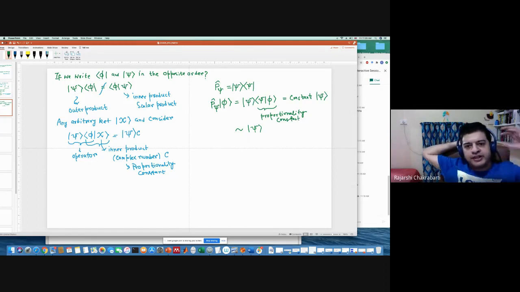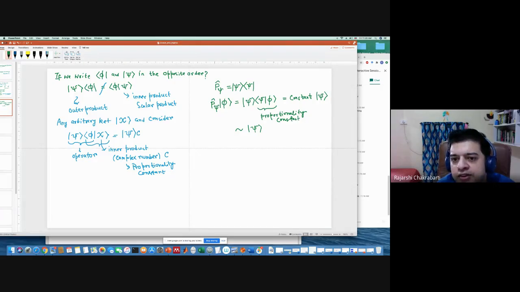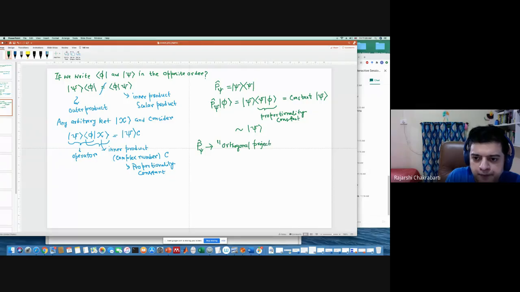Essentially it is projecting phi onto psi. It tells you how much psi is there in phi, in other words. So this operator, P of psi with a hat, gives you the orthogonal projection operator onto the ket psi. This will be even clearer as I progress.